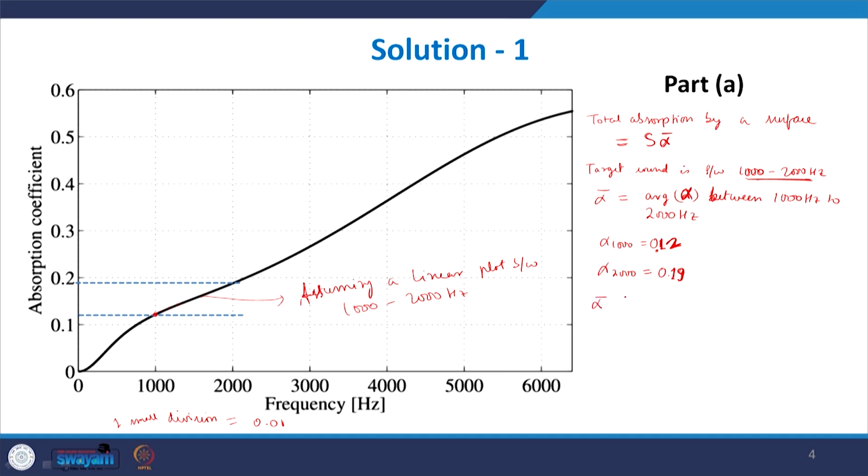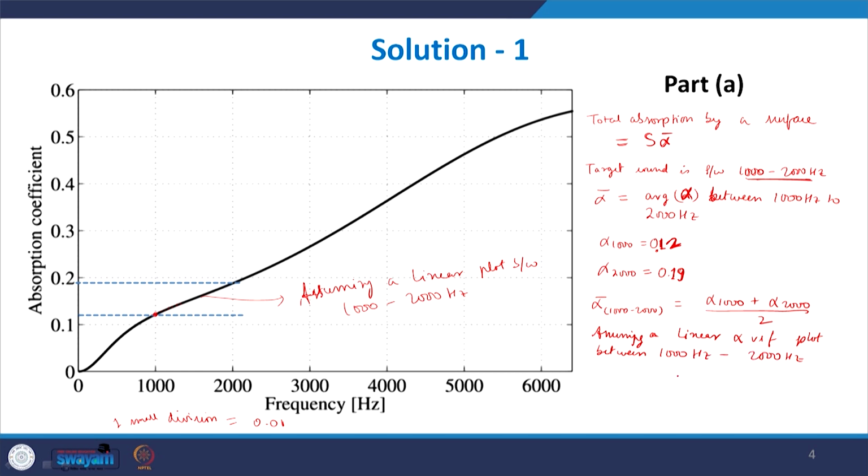Then the alpha average between 1000 to 2000 is (alpha of 1000 plus alpha of 2000) by 2, assuming a linear alpha versus f plot between 1000 hertz to 2000 hertz.